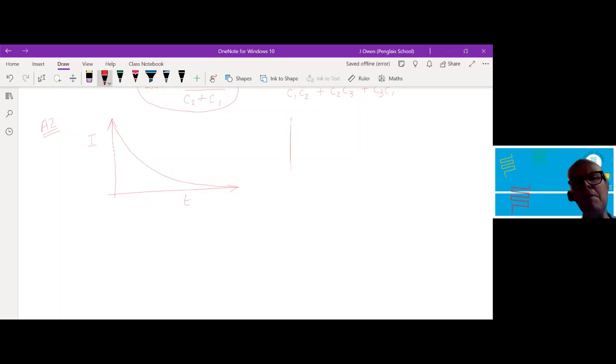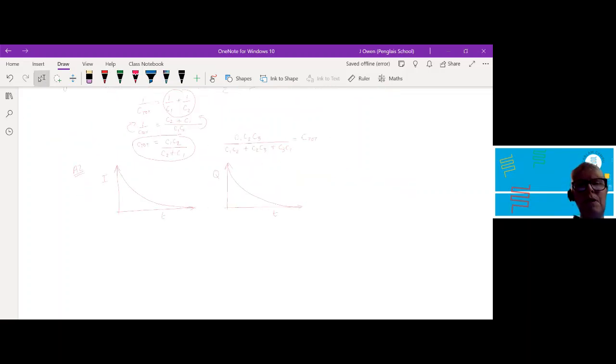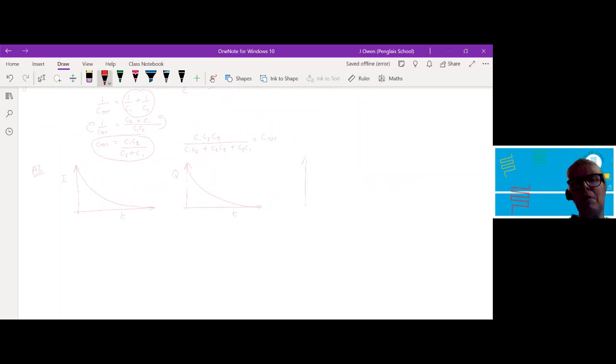And if you are measuring the charge stored on the capacitor Q with respect to T, there will be a maximum flow of charge off, and then again an exponential decay. And if you have a voltmeter across the capacitor plates, then that voltage will be a maximum, and then it will discharge to 0, an exponential decay.